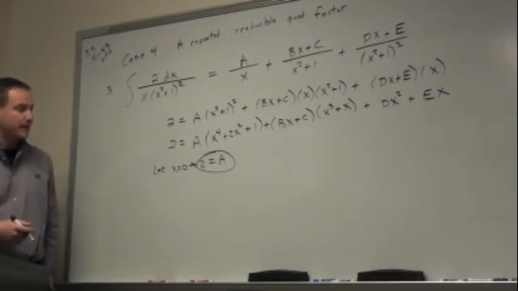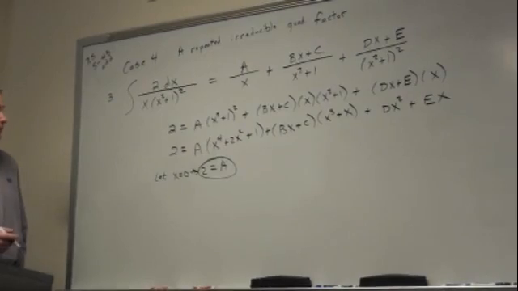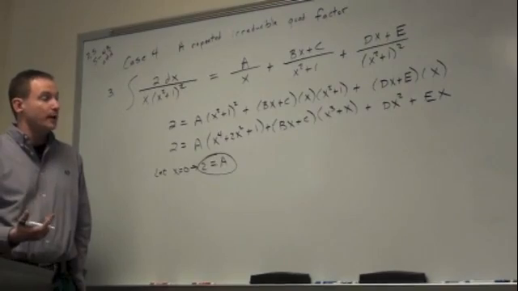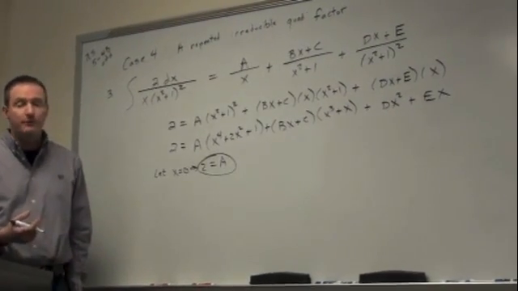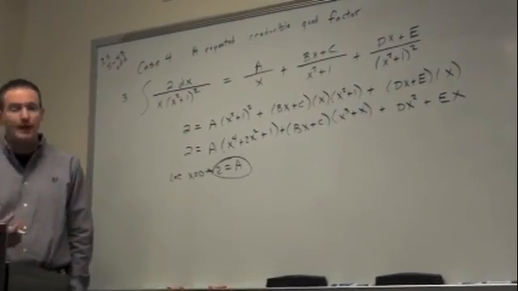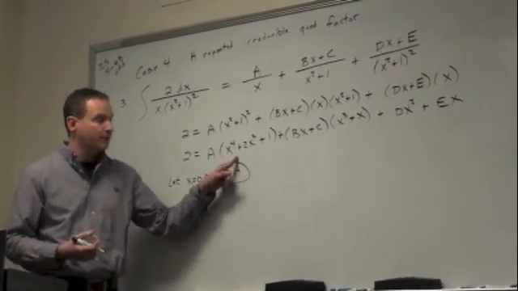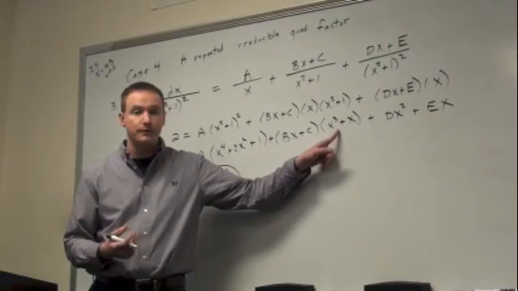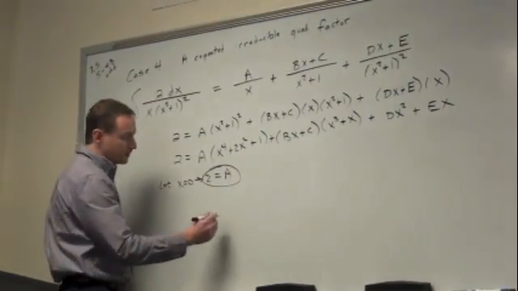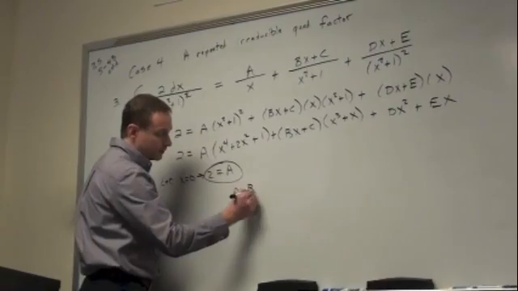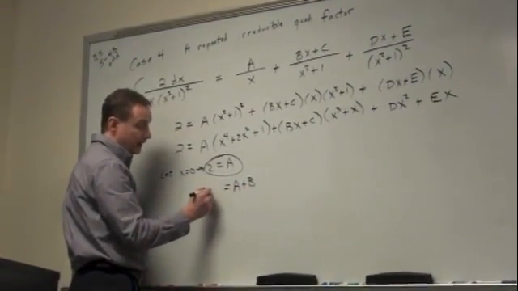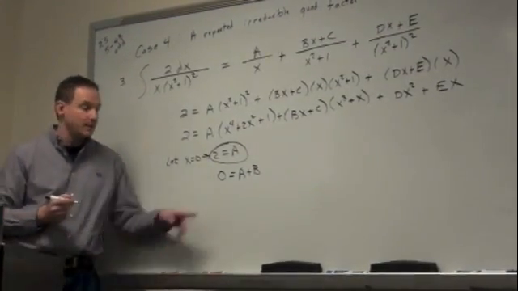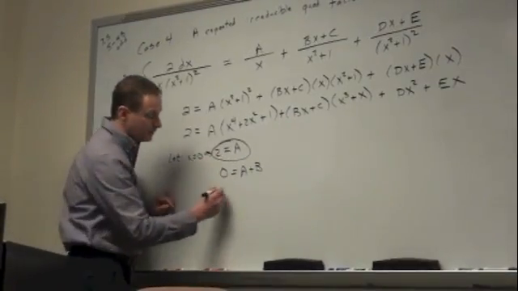Now, using that information, could I get an equation for the coefficients of x to the 4th on the right-hand side? a plus b are supposed to be coefficients of x to the 4th. Well, the coefficient of x to the 4th on the left is 0. So since a plus b is 0, that tells me b must equal -2.